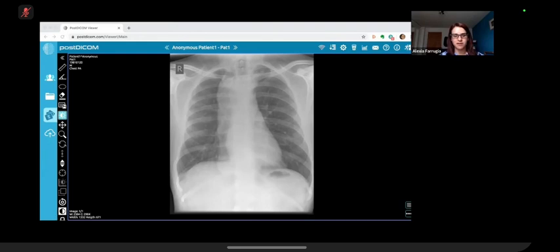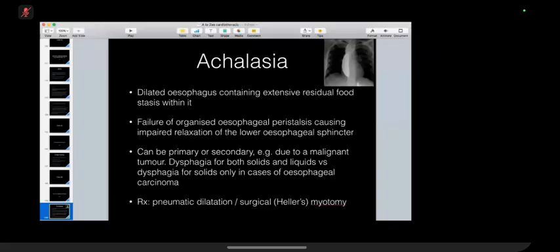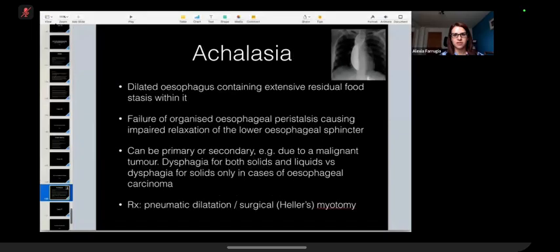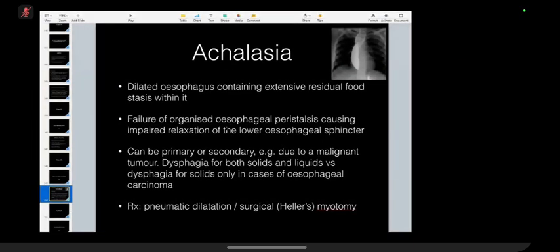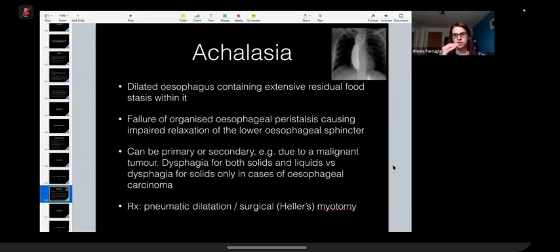Okay, great. So this was a case of achalasia. There is a dilated esophagus containing the extensive residual food which has been accumulating slowly within it. And this happens because of failure of organized esophageal peristalsis. So the lower esophageal sphincter doesn't relax adequately.